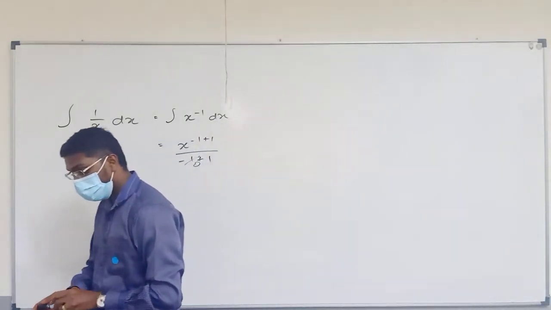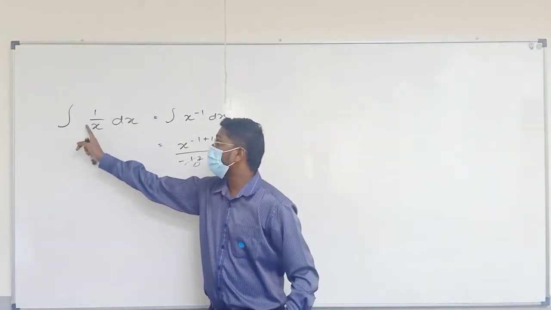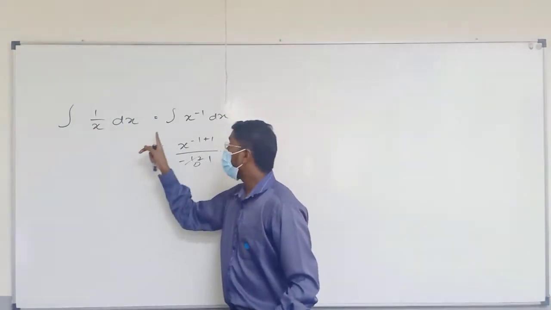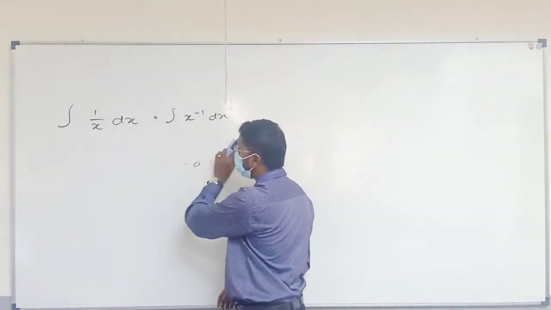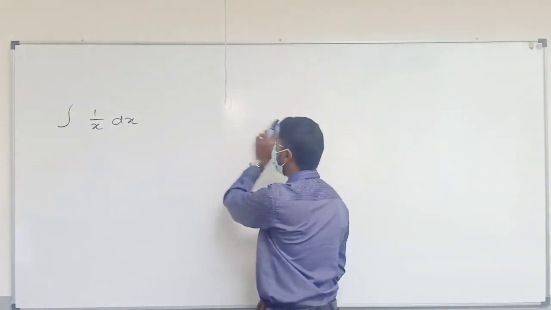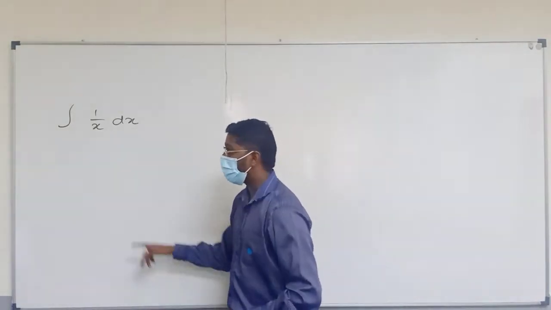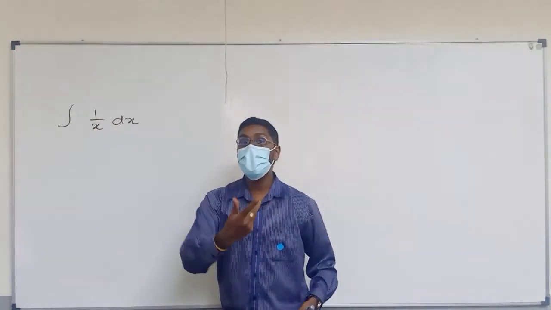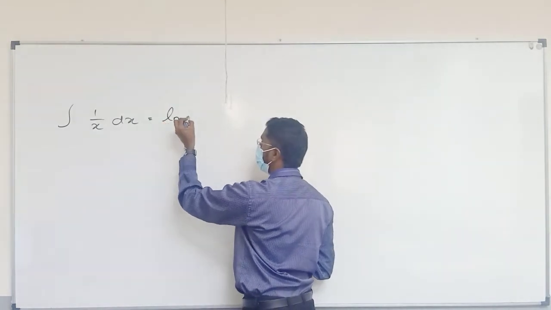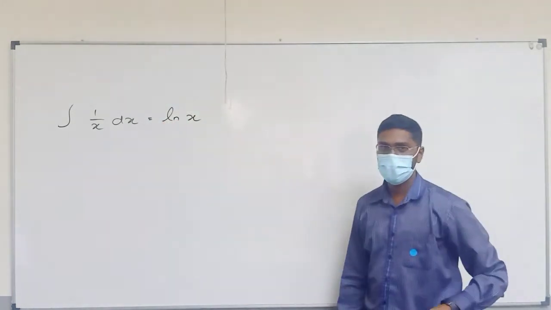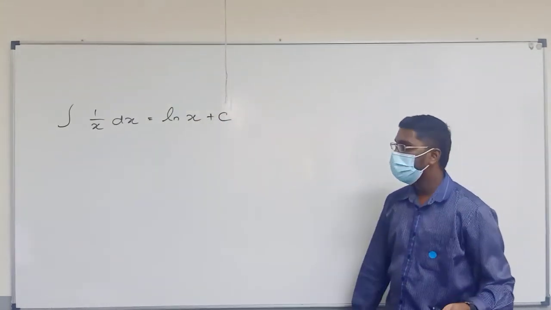So for the integral of 1 over a linear function, we can't proceed in this way, because we'll get an undefined answer. The integral of 1 over x or 1 over a linear function is going to be ln x plus c.